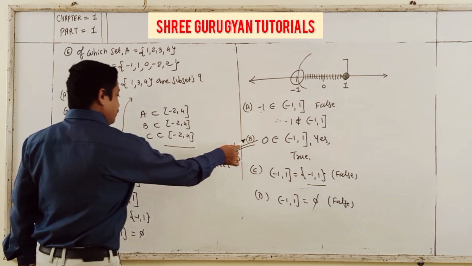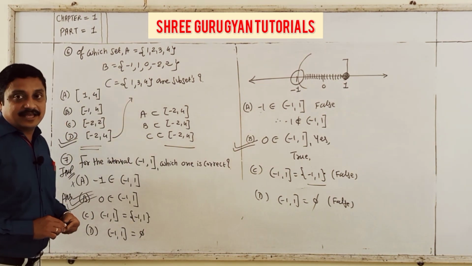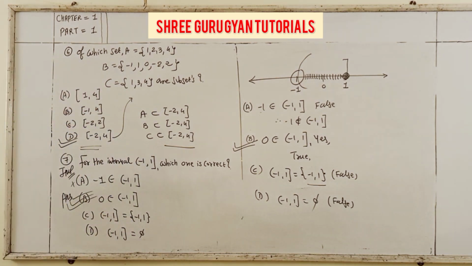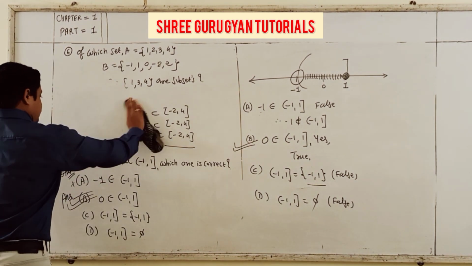B. Tick mark B as your correct answer and properly mention your drawing. Understood, students? Very good. Now move to the next question.